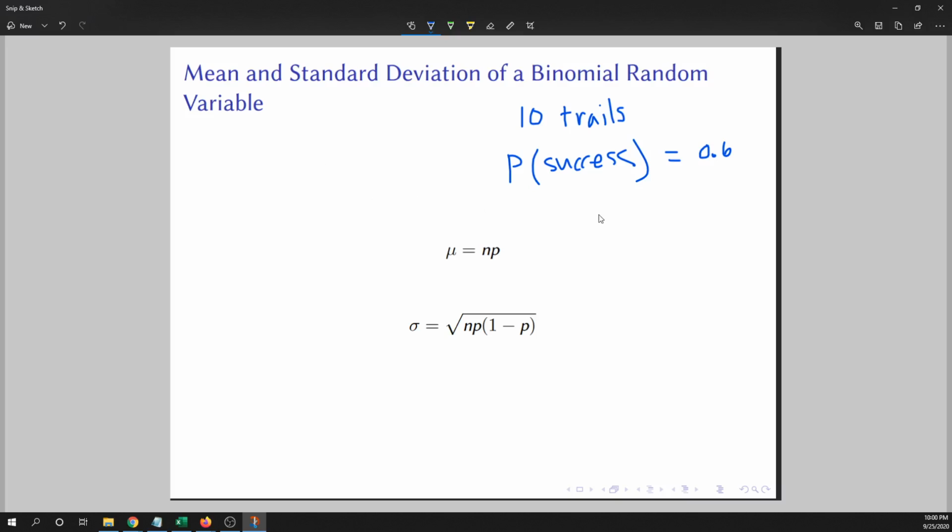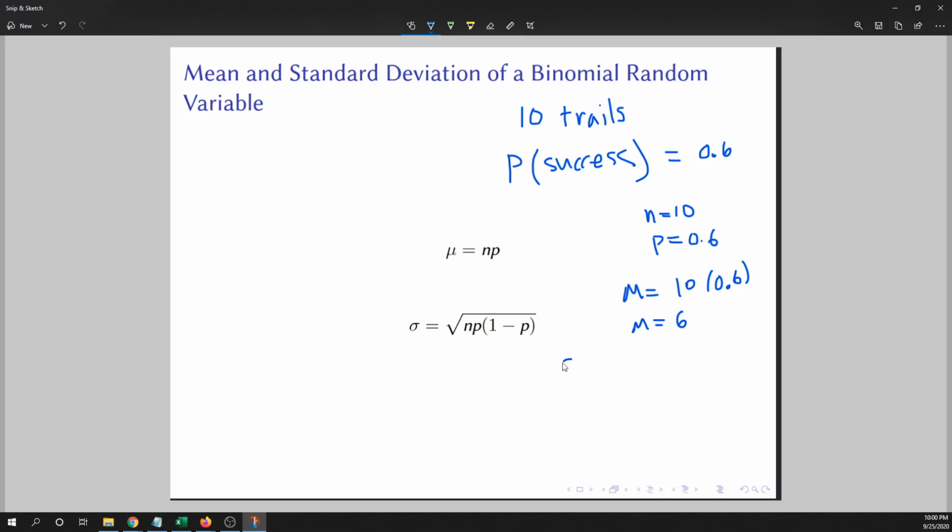What that would mean is that n, the number of trials, would be 10, and p, the probability of success, would be 0.6. So the mean would be n times p, so 10 times 0.6. That comes out to be 6 when you multiply that out.